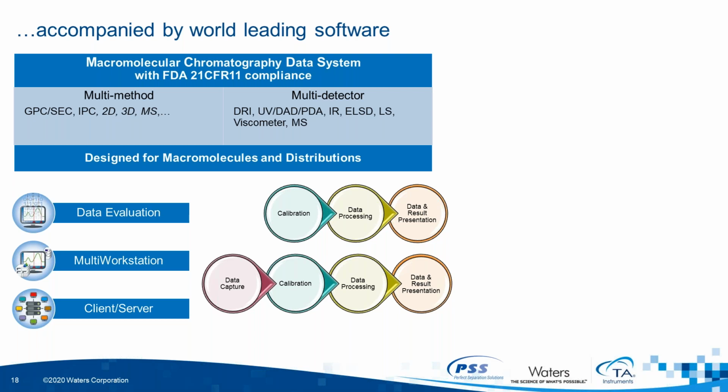So this was, of course, also the goal for our WinGPC software, so that we supply our users with an MCDS, a macromolecular chromatography data system, rather than just software. Important to know about WinGPC is that it's designed for macromolecules and that it's designed to handle the distributions, or the multiple distributions, that can occur or that will always occur in polymers.